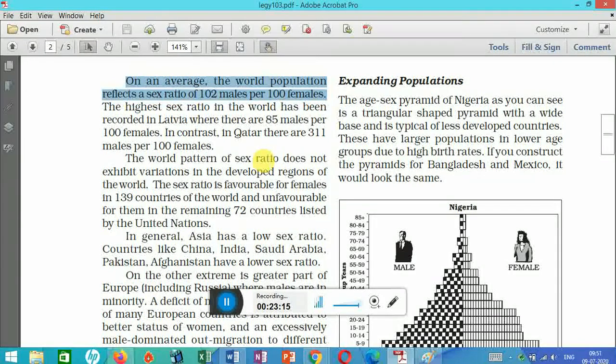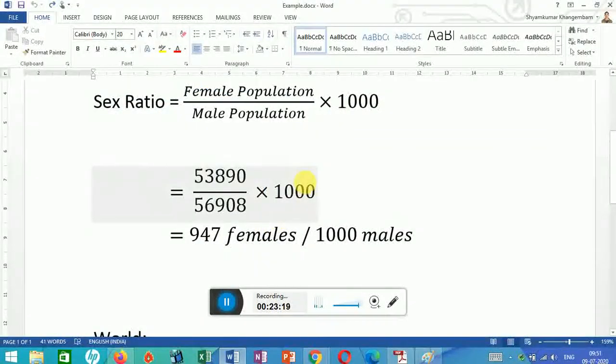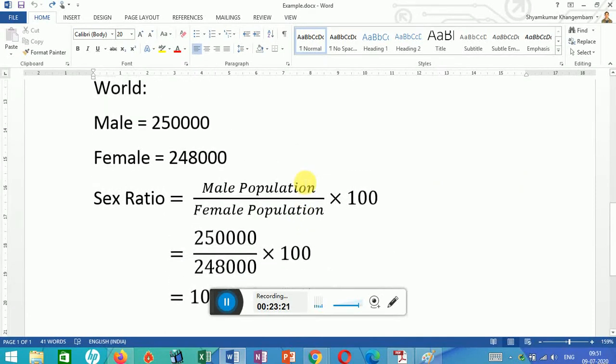So here they are applying this formula, just as an example: sex ratio is equal to male population divided by female population multiplied by 100. We multiply by 100 because we are expressing in hundreds.